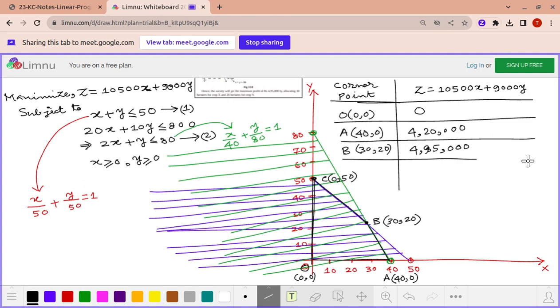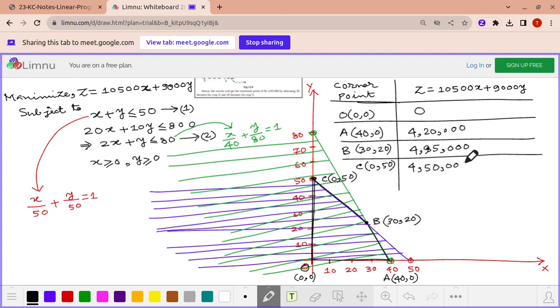Then the next one is the point C, which has coordinate 0 comma 50. That means x is equal to 0, y equal to 50. That means for crop X, no land is used, and all 50 hectares are used to produce crop Y. Now what will be the profit in this case? 10,500 into 0 plus 9,000 into 50. That comes down to 4,50,000.